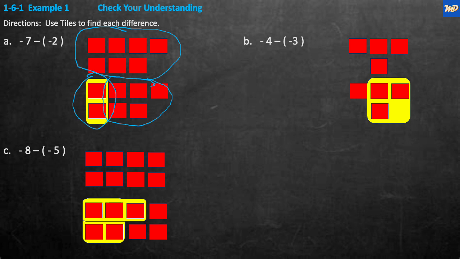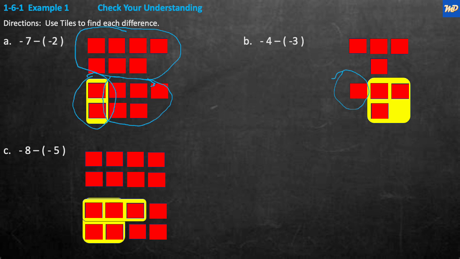How about B? Start with 4 negative tiles, and subtract how many? 3 of them. We're left with 1 negative tile.